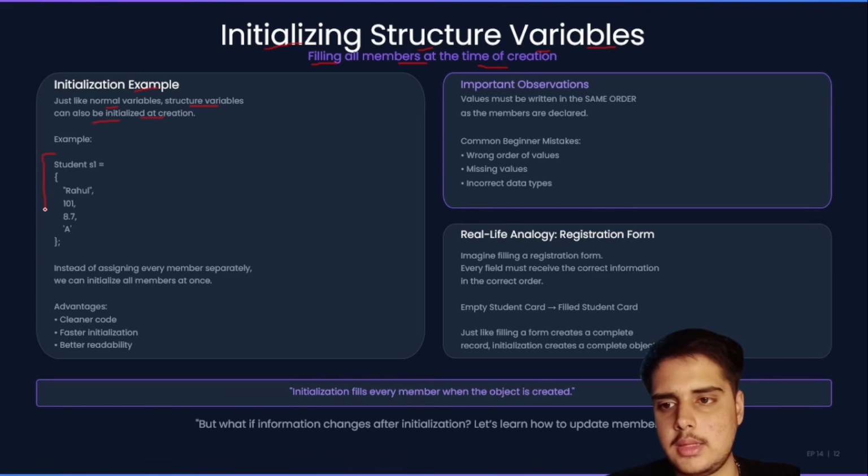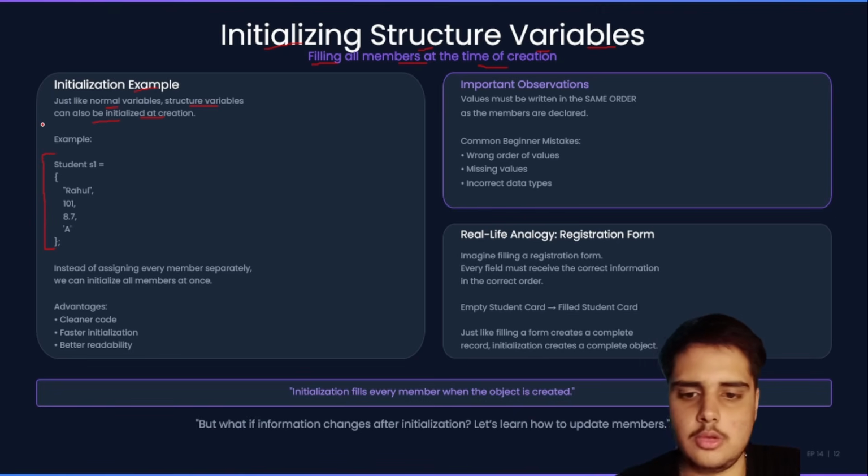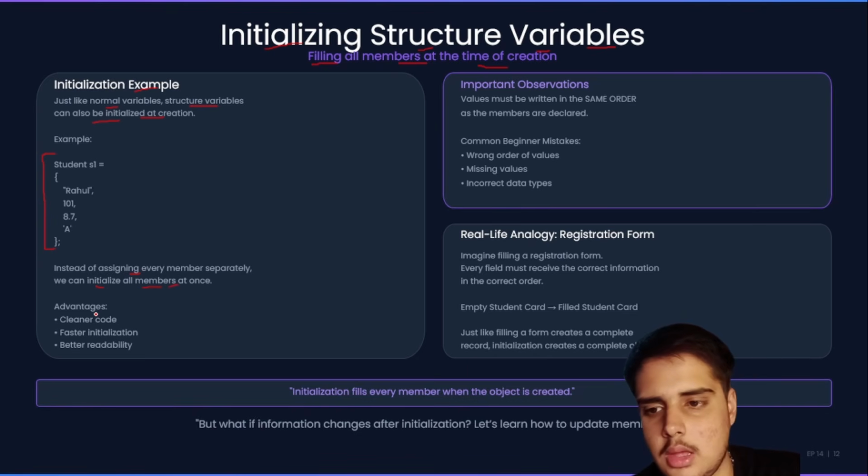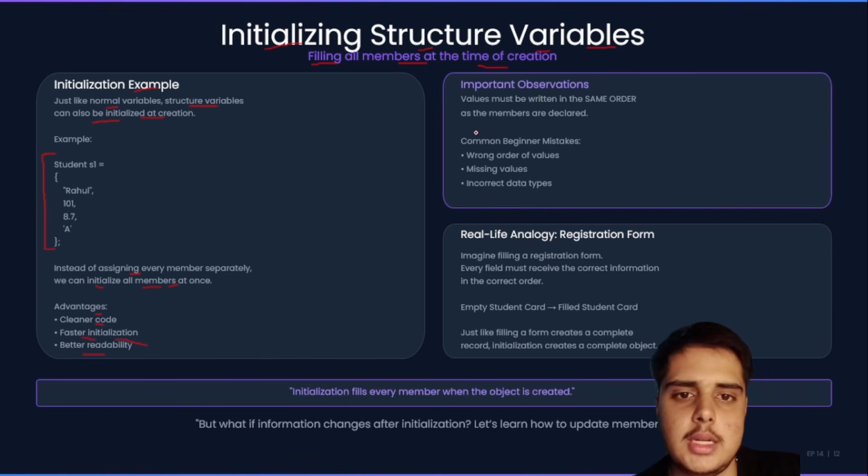See this example. I've also done this in VS Code. You must have understood, but for extra information, instead of assigning every member separately, we can initialize all members at once. Advantages here are cleaner code, faster initialization, and better readability.